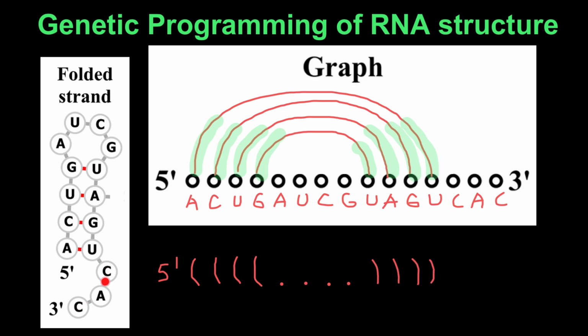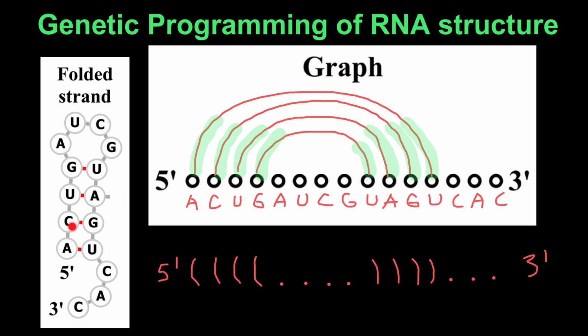Then goes these 3 nucleotides, which also doesn't have any pair, so we just represent them as dots. 1, 2, and 3. And the last is going to be to designate 3' end. So as you see, we just converted this two-dimensional RNA structure into format which computers understand.